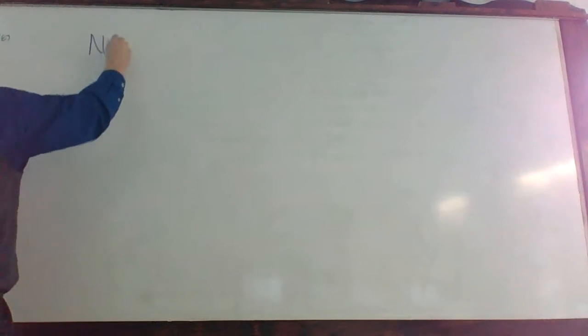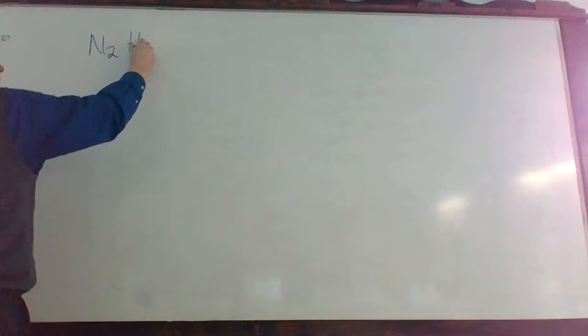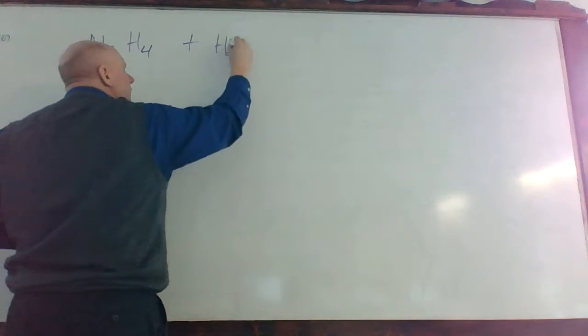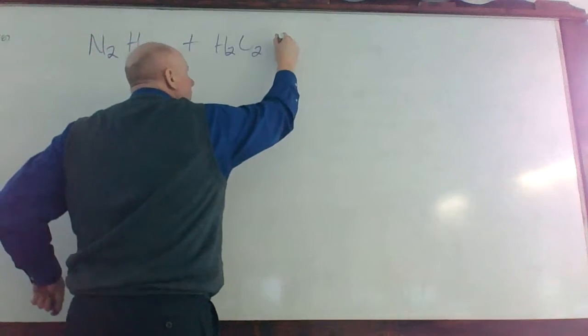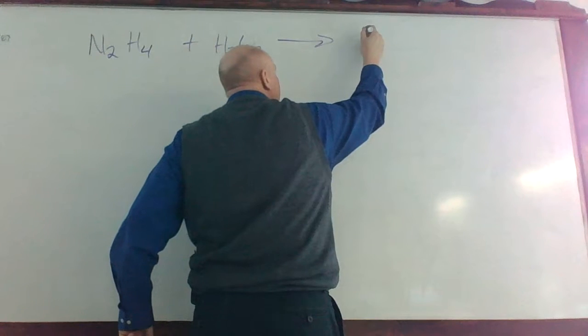So what we do is write these down. We've got N2H4, and then we've got hydrogen peroxide, and then that gives us what? Water?